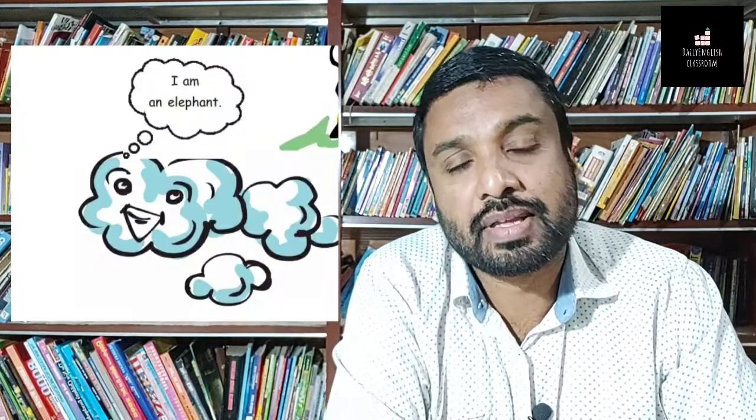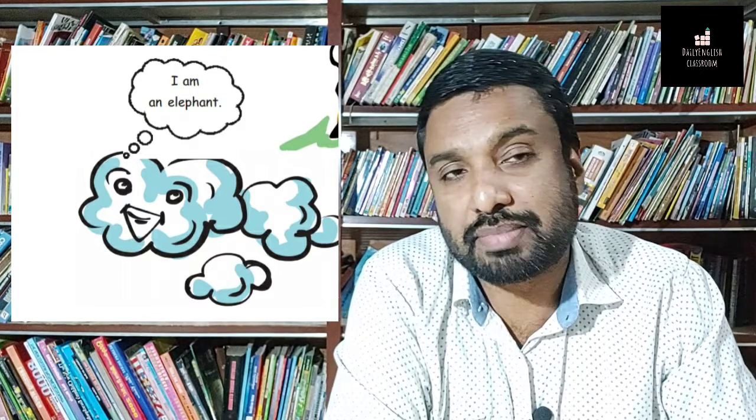And what do the clouds mean by saying that I am an elephant? You have seen an elephant, it's such a big animal. And when the cloud is saying that it is an elephant, it actually is referring to the size of the cloud, maybe the color of the cloud, and the similarity lies there.